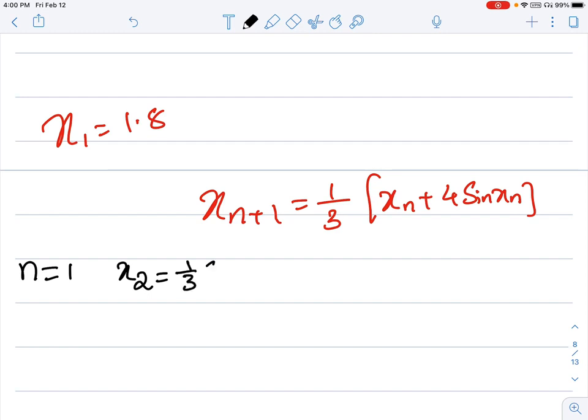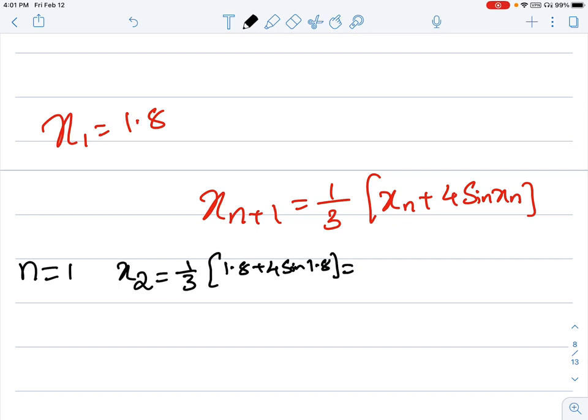I take the mode of the calculator in radians once again, so I keep on repeating because many students tend to do it wrong there. 1/3 times 1.8 plus 4 times sine 1.8.